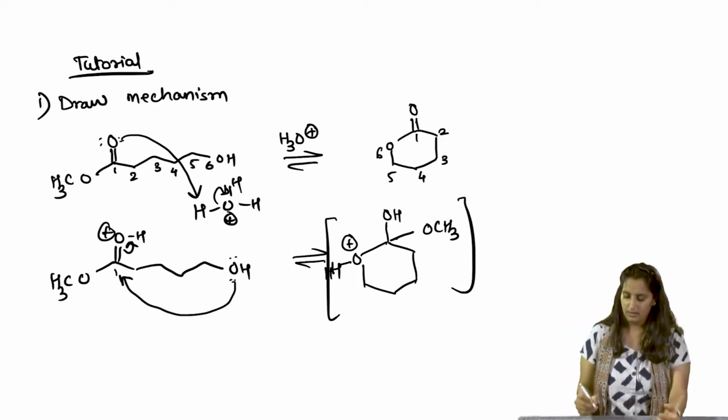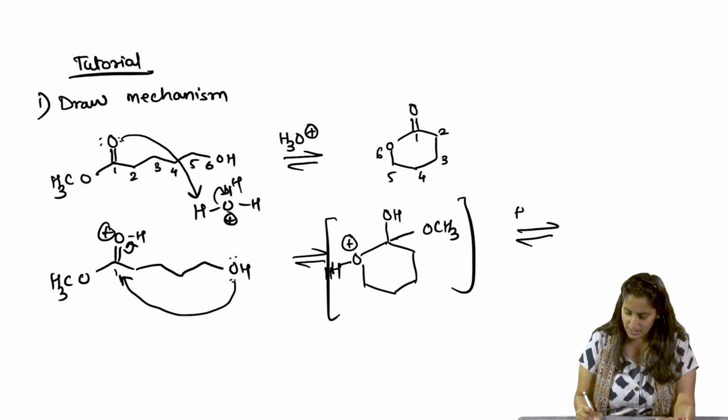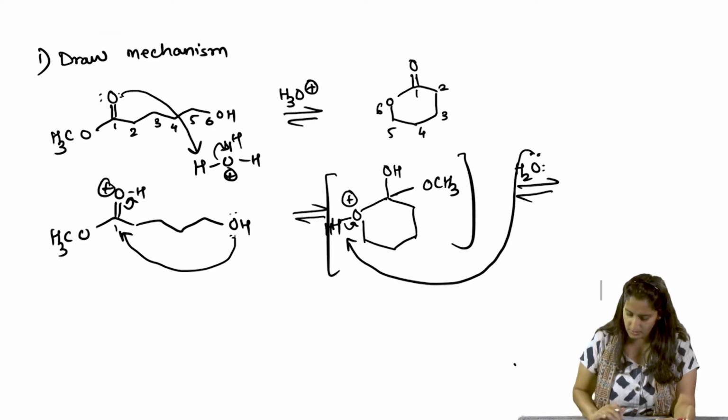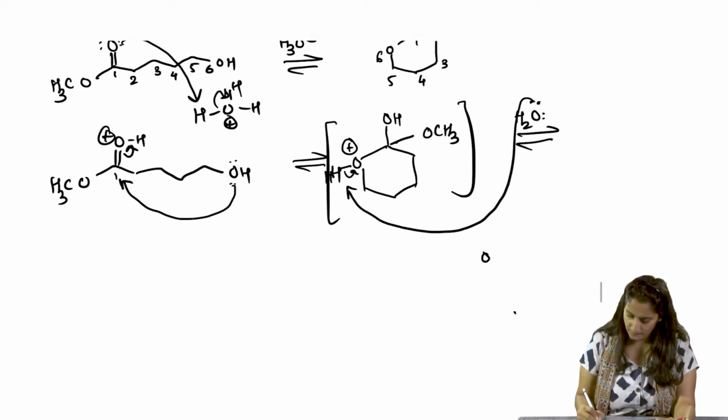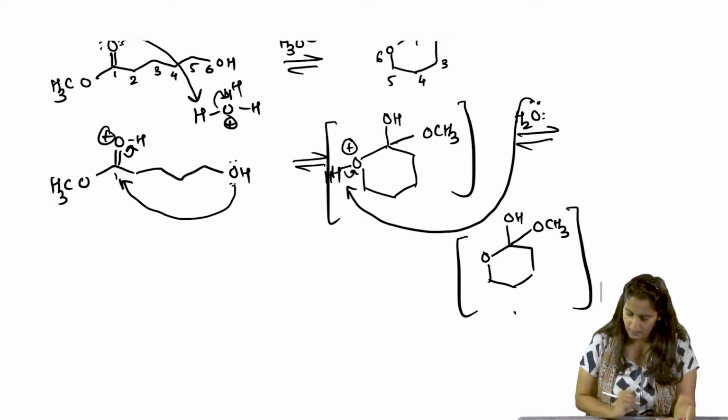Now, we are in acidic medium. So, as I said, our base that we have with us is this water molecule. So, it is going to come, attack and deprotonate that oxygen. Right. Okay.